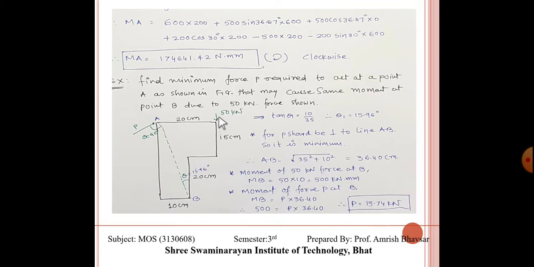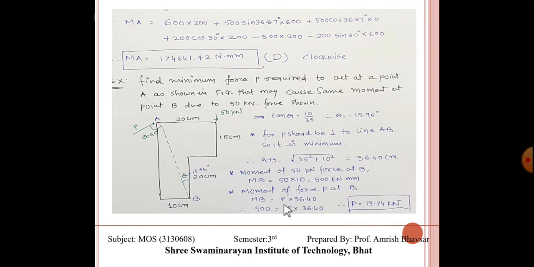Now the moment due to the 50 kilonewton force at B is equal to 50 into 10, so we get 500 kilonewton mm, and the moment due to force P is P into line AB, whose distance is 36.40. Now we have to equalize them.